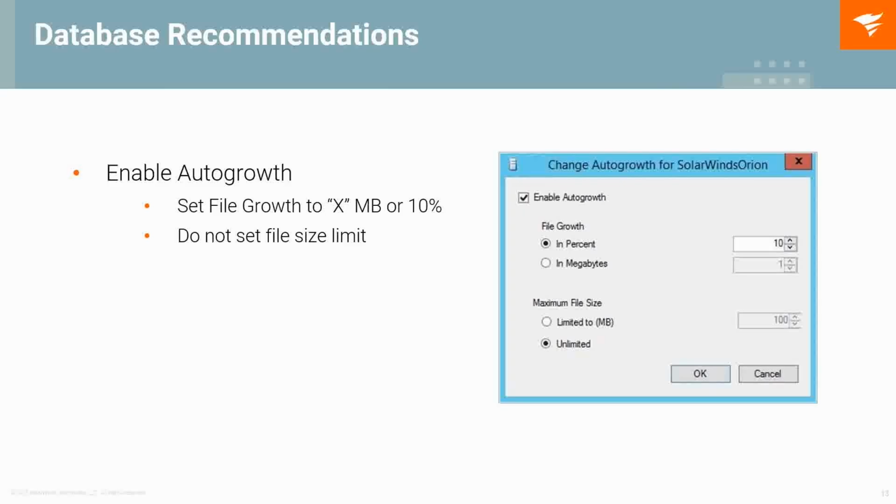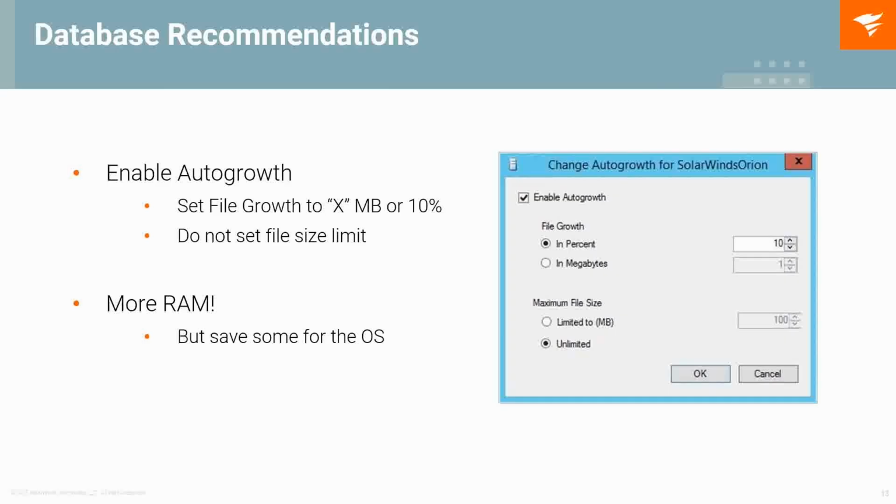The storage requirements for SolarWinds will fluctuate over time based on factors such as the amount of historical data retained, and if a maximum file size is enforced and reached, the database will be unable to write new data properly.